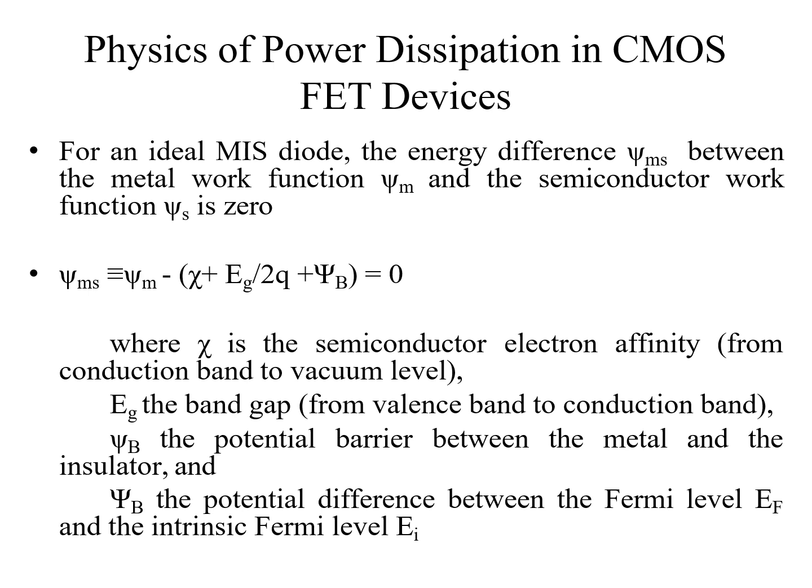The psi m is the semiconductor work function, x is the semiconductor electron affinity, Eg is the energy band gap, psi b small and capital. So psi b is the potential barrier between the metal and the insulator. Capital psi B is the potential difference between the Fermi level and the intrinsic Fermi level Ei.